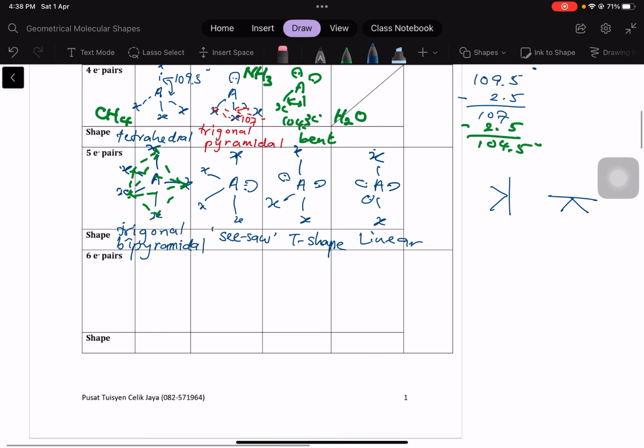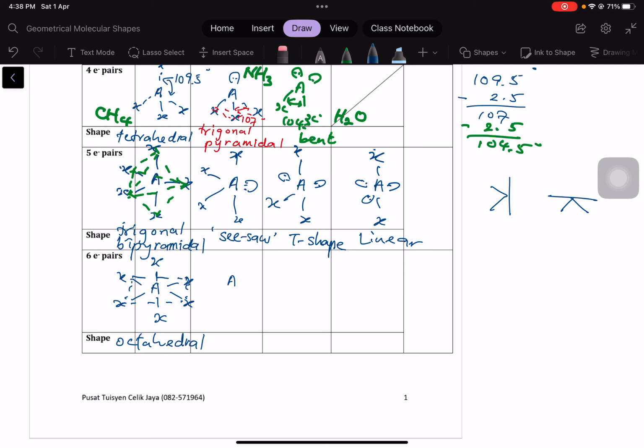And the last one, for level 3, you will have 6 electron pairs. That shows 4 in the center, 1 on top, and 1 at the bottom. So the trick is the name for this molecule will be based on 8 electrons around the center. 8 in chemistry means oct, therefore it's called octahedral.